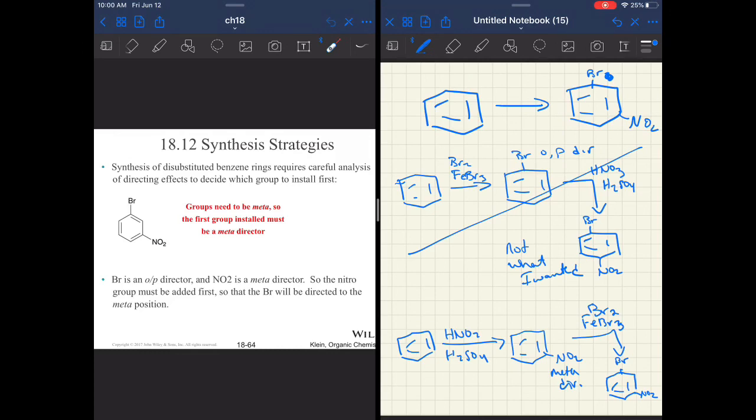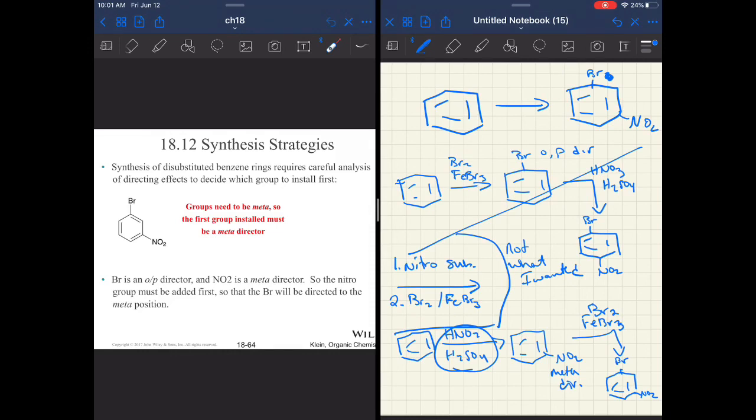You could say something like, this is just an example to show you how to still get points even if you can't think of part of the answer. So if you know the nitro group needs to go on first, but you can't remember these reagents, you can say nitro group substitution, and then if you do remember how to add the bromine, you can write in or type in those reagents.